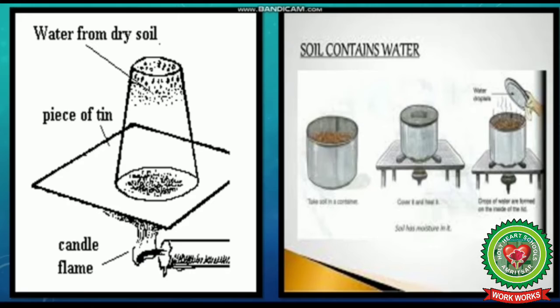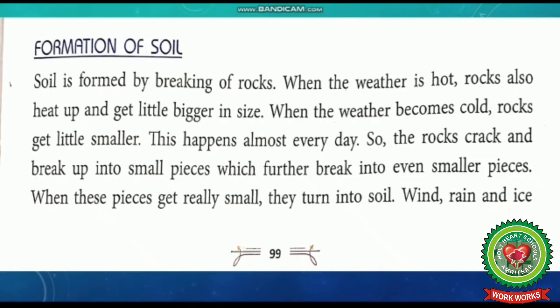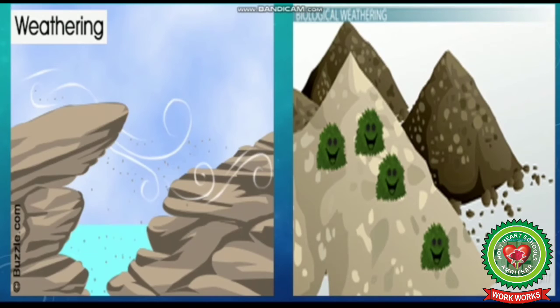Now come along. Formation of soil. Soil is formed by the breaking of rocks. When the weather is hot, rocks also heat up and get a little bigger in size. And when the weather becomes cold, rocks get a little smaller. This happens almost every day.